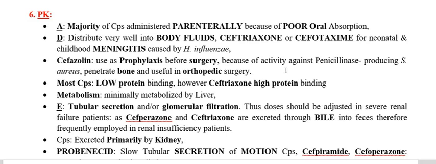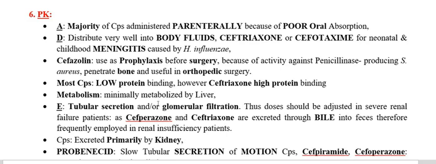Cefazolin is also resistant to penicillinase producing Staph aureus. What it means is that if the Staph aureus is producing penicillinase, this penicillinase is not going to destroy the beta lactam ring of cefazolin. So that is why this is important.